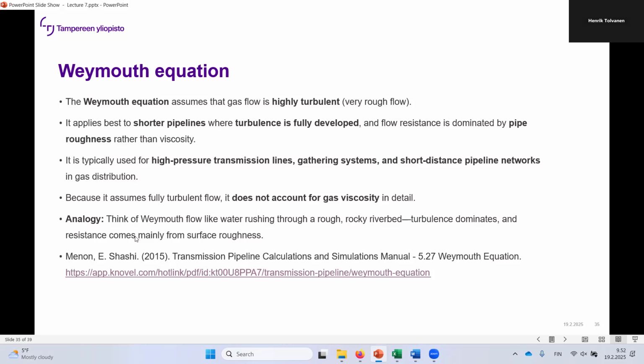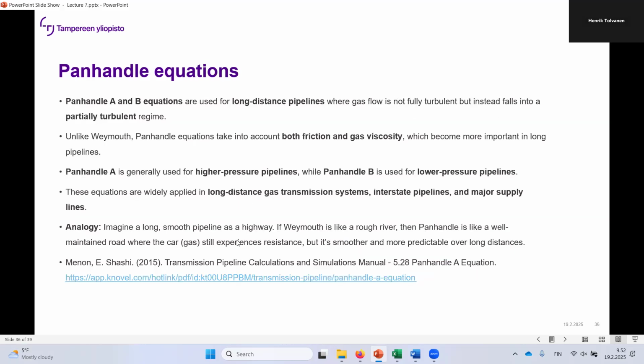And well, there's the analogy that Weymouth is like water rushing through a rough, rocky riverbed, so turbulence dominated, and resistance comes mainly from the surface roughness. And then there's the Panhandle. This is for long distance pipelines. The analogy given is that if Weymouth is like a river, then Panhandle is a well-maintained road.